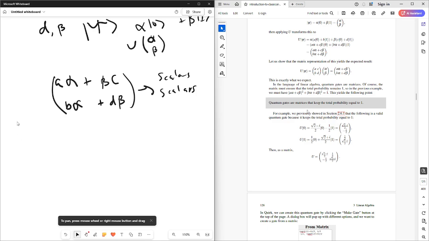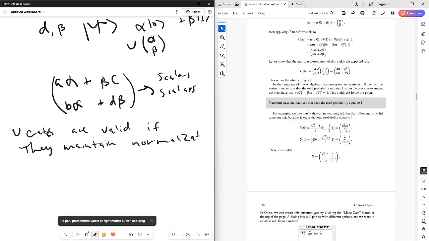Also, as we discussed yesterday, U gates are valid if they maintain normalization of the superposition.